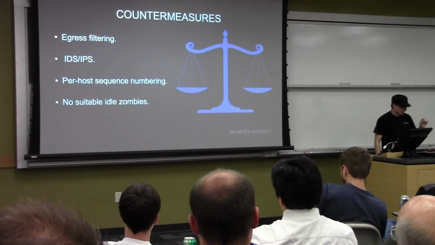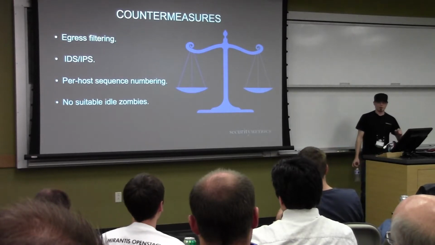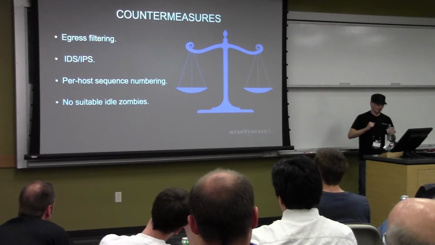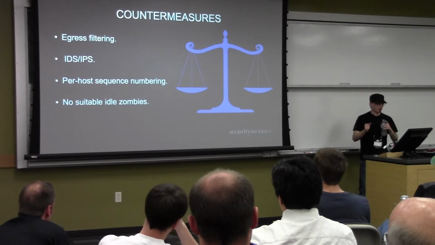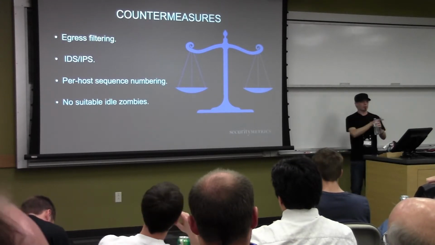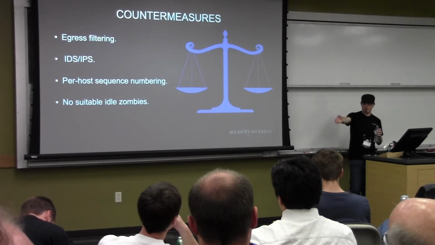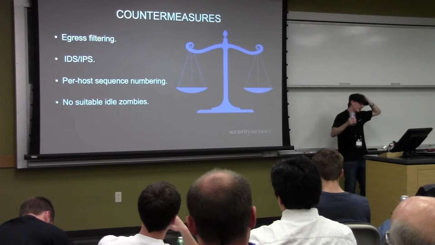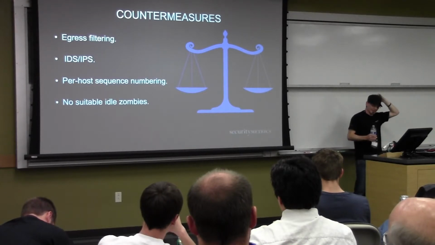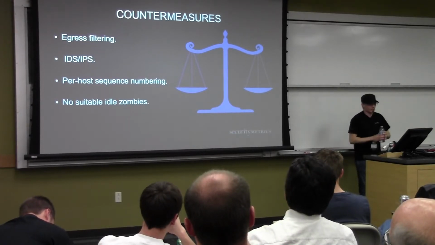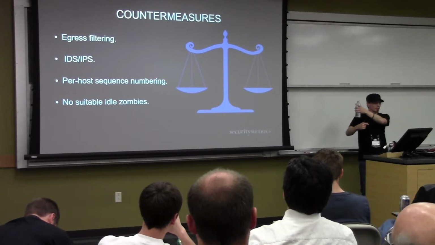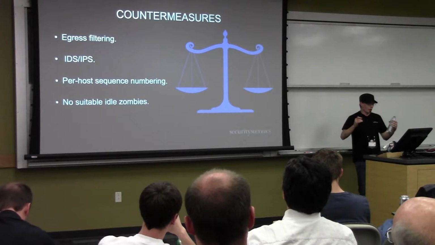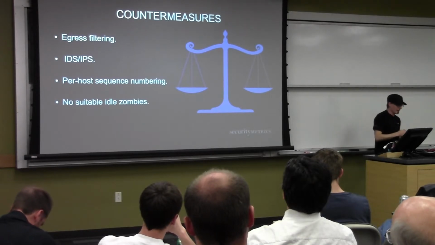Another thing is per host sequence numbering. Operating systems, if they're smart enough, will give an individual sequence number for each different host that they're talking to. So I'm talking to this guy 5 packets, that guy 7 packets, and this person 3 packets, and that throws off the basis. So for every reply that it sends out to your target, it's not going to increment. So it very well could be open, but you don't actually see that.